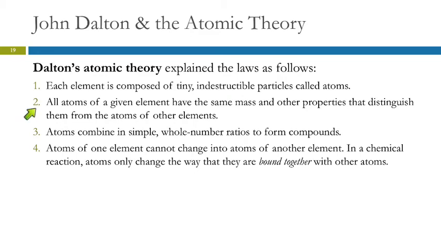All atoms of a given element have the same mass and other properties that distinguish them from the atoms of other elements. Atoms combine in simple whole number ratios to form compounds, and atoms of one element cannot change into atoms of another element. In a chemical reaction, atoms only change the way that they are bound together with other atoms. They can't be changed one into another.